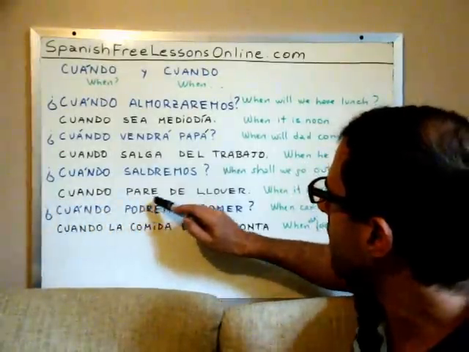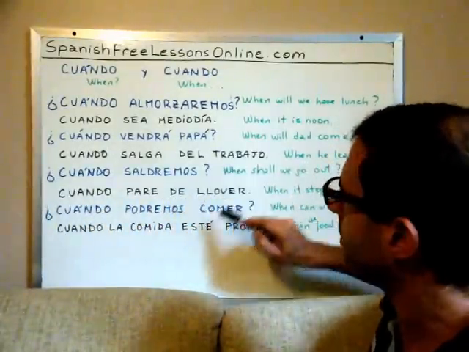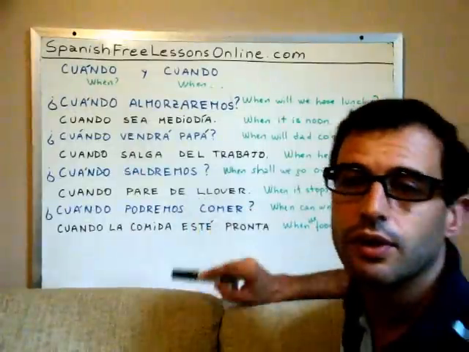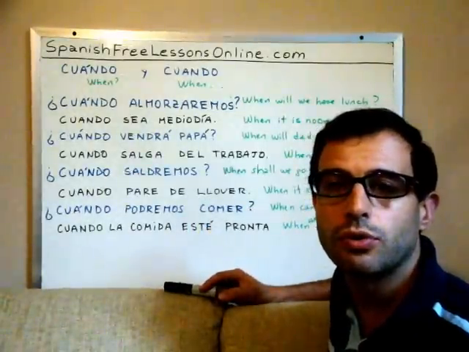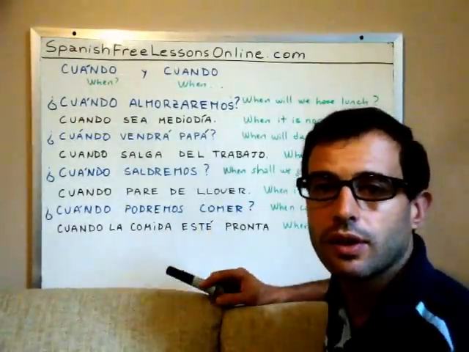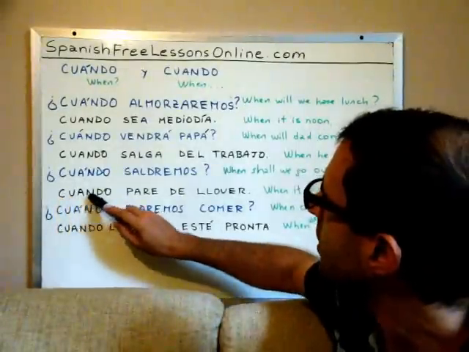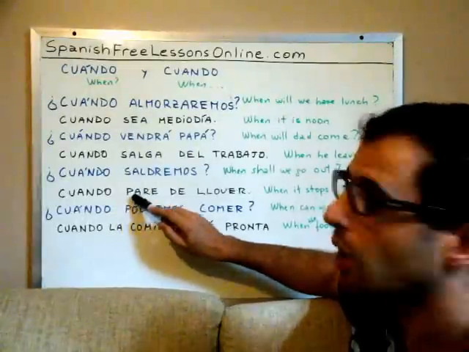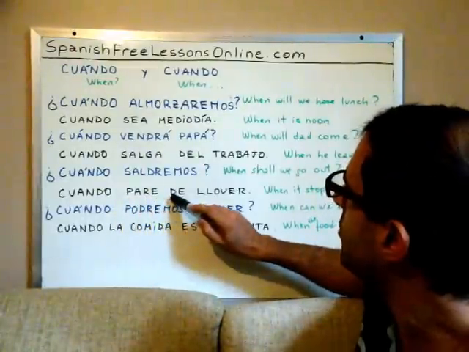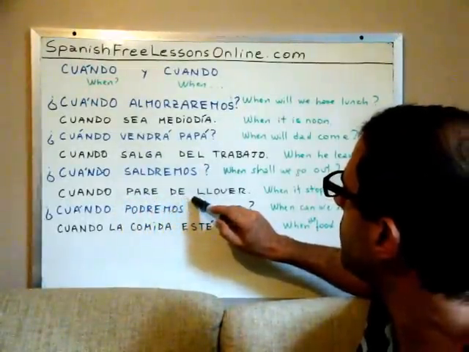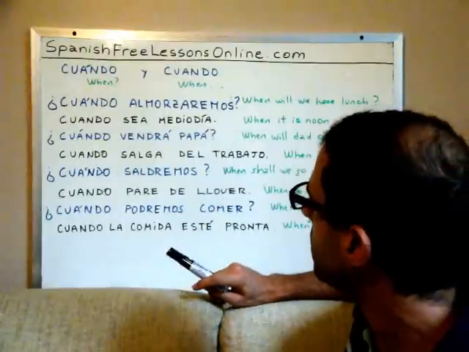Cuando pare de llover. Llover is the infinitive of to rain, right? Llover is to rain. So this means when it stops raining, right?